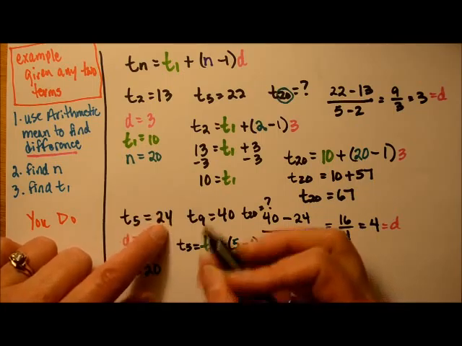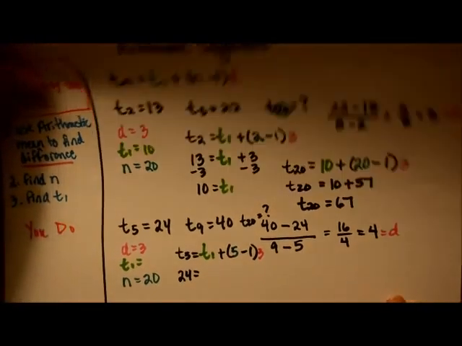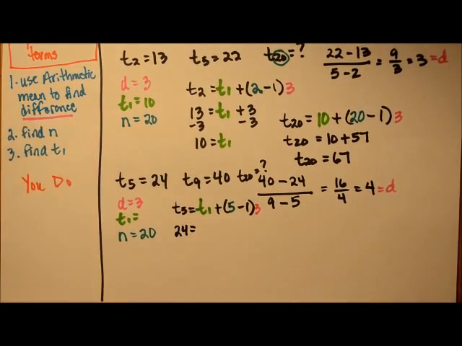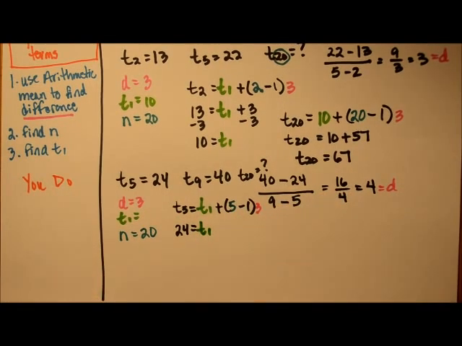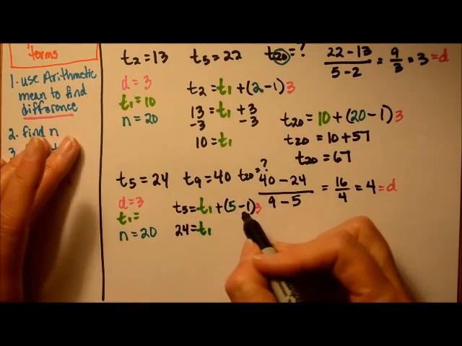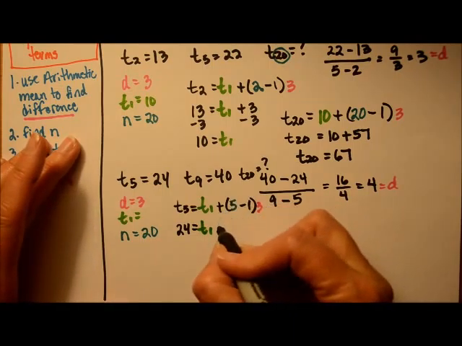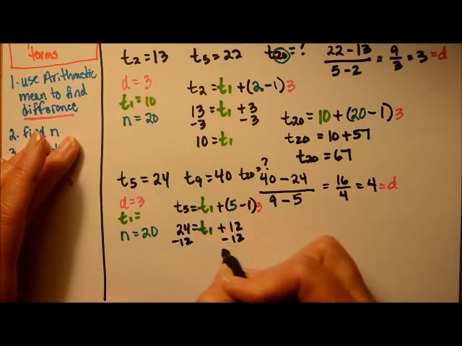T5 though is 24. So 24 equals T1, which is what I'm trying to get to, plus 5 minus 1 is 4 times 3 is 12. So plus 12, I need to subtract 12 from both sides.